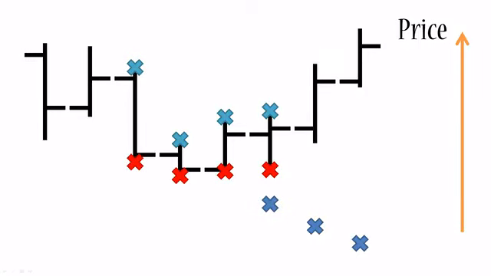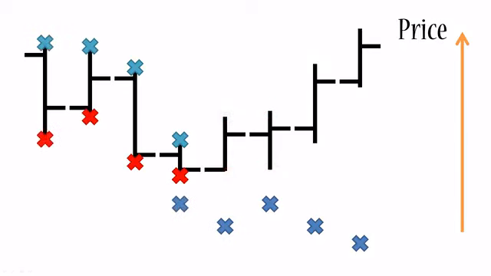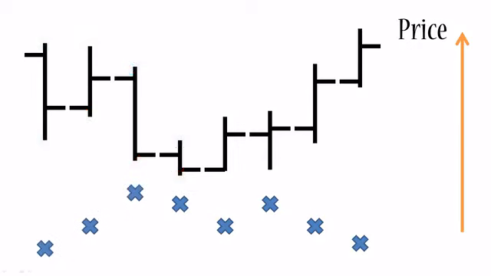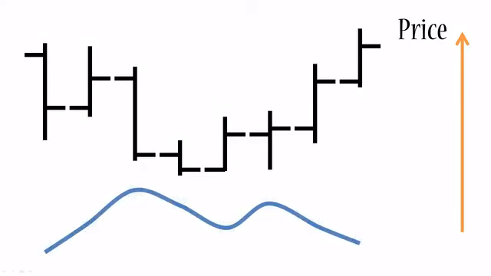Let's do that again. Once more, we've got 4 bars, and the average true range plotted under the last of the 4 bars. We can do that again and again. We just keep going as far left as we want to, and we get all these little crosses at the bottom. Now we're going to connect the crosses with a line, and that's what it looks like.